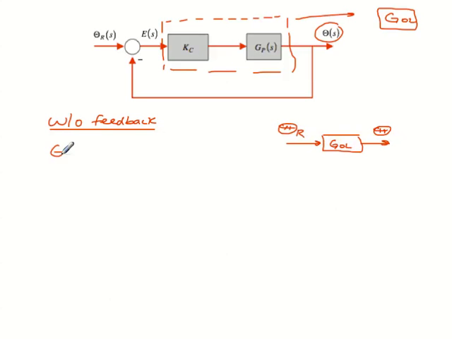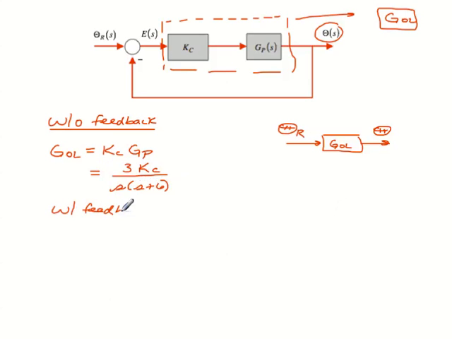So our open loop transfer function is just equal to the multiplication of those two blocks. That's Kc times our plant transfer function, and our plant transfer function was given by 3 divided by s times (s plus 6). Okay. Now with feedback.